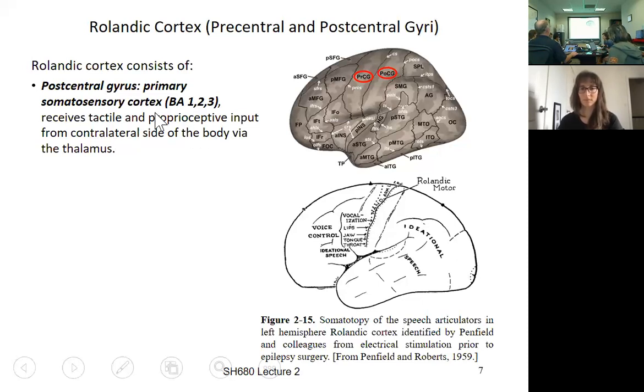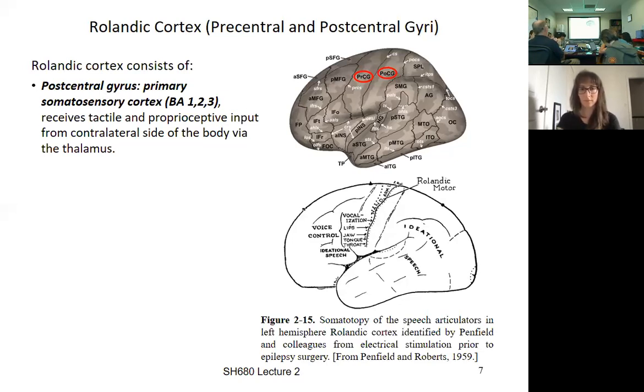Unlike motor cortex, this is almost completely lateralized and involves the speech articulators as well. In motor cortex, the speech articulators, because they're midline structures, are more bilaterally represented, so damage to motor cortex on only one side doesn't really mess you up much.